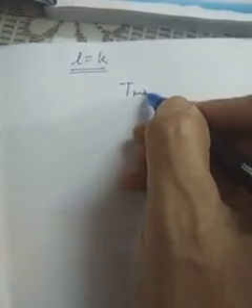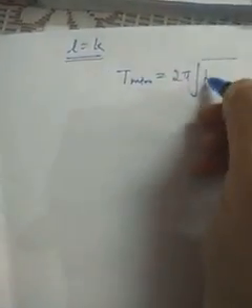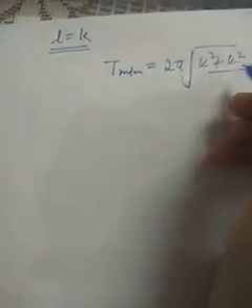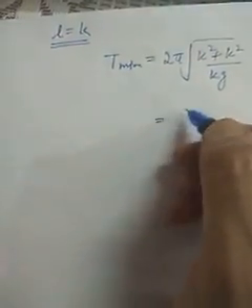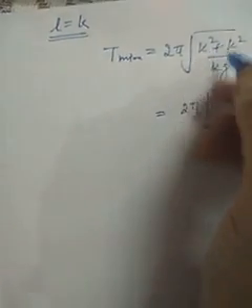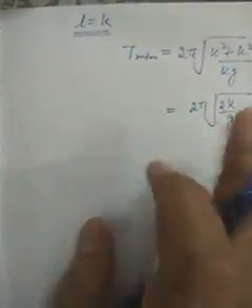So the value of time period T minimum will be given by 2 pi square root of k square plus l square, substitute for k there, over k into g, so it comes out to be 2 pi square root of 2k upon g. This is the case of minimum time period.